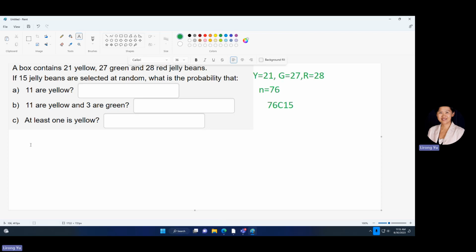Now the question is what is the probability 11 are yellow? So 11 yellow out of 15 are selected.